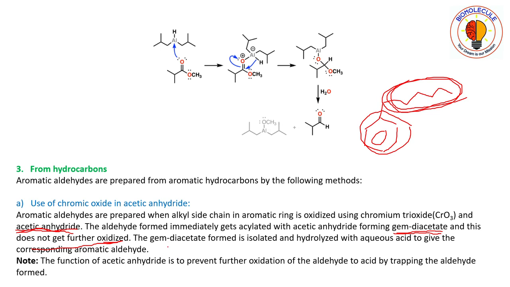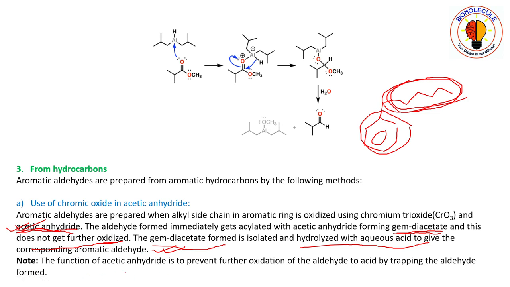Then the gem diacetate formed is isolated from the reaction, and it is hydrolyzed with aqueous acid to give the corresponding aromatic aldehyde.